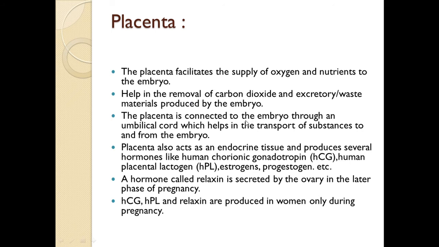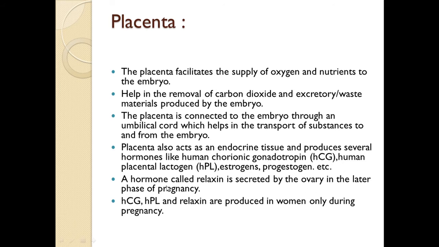The placenta is connected to the embryo through an umbilical cord, which helps in the transport of substances to and from the embryo. It also acts as an endocrine tissue and produces several hormones like human chorionic gonadotropin, that is HCG, which is helpful in detection of pregnancy, then human placental lactogen, HPL, estrogens, progesterones, etc.